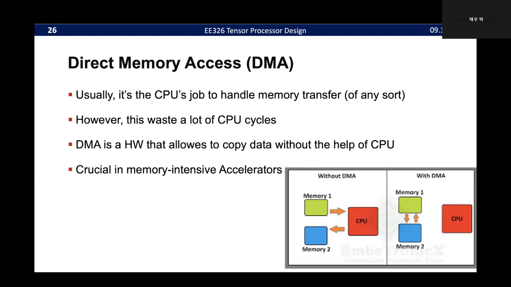So we can copy the data from the DRAM to the FFT. Do you understand? Basically, we will not ask the CPU to copy data from the DRAM, but we will have a dedicated new hardware unit that can copy data on its own. So this is actually one of the most crucial components in boosting your accelerator designs.